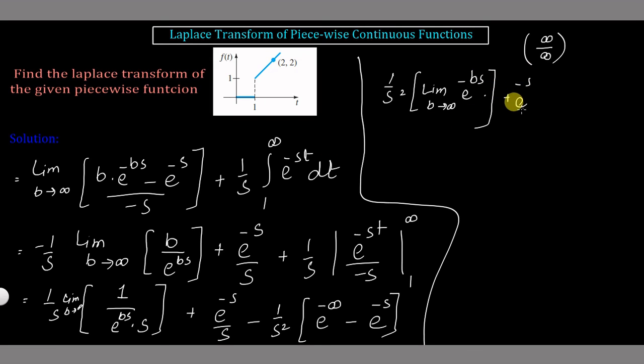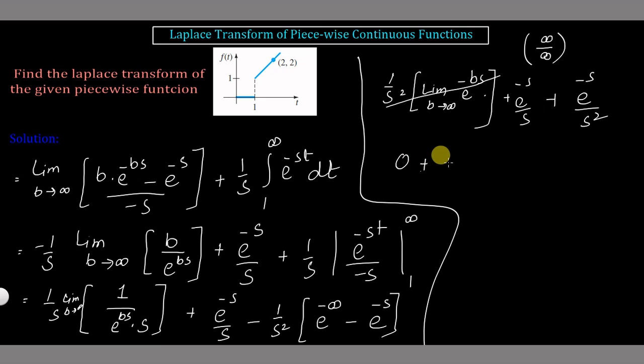and then e raised to the power minus s over s, minus and minus becomes plus, and this will be 0, and you must have right now e raised to the power minus s over s square. This expression will be 0 because when you apply infinity instead of b, obviously e raised to the power negative infinity will be 0, so the whole expression will be 0.